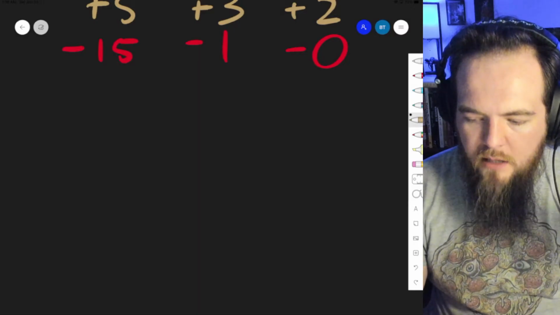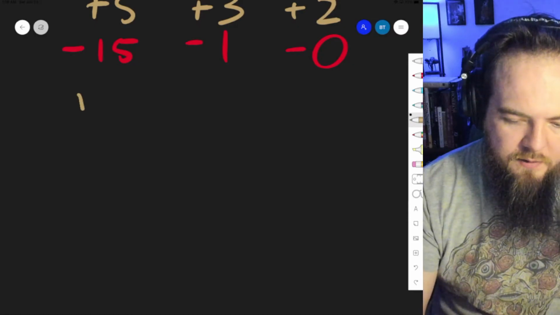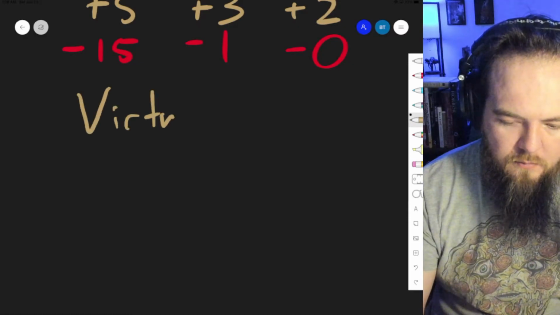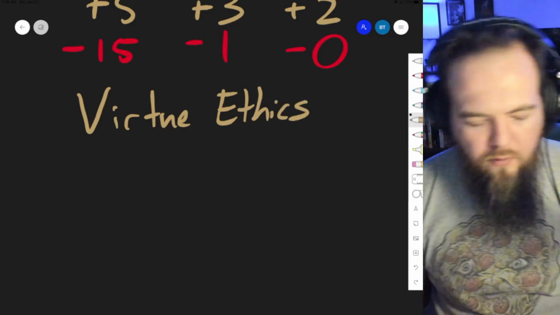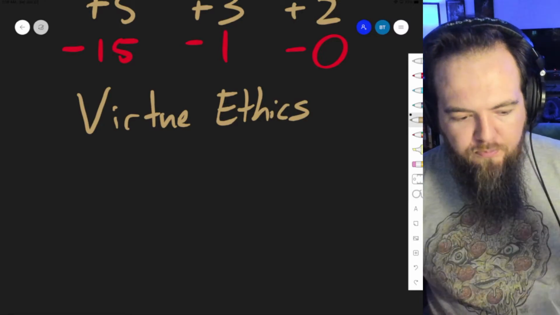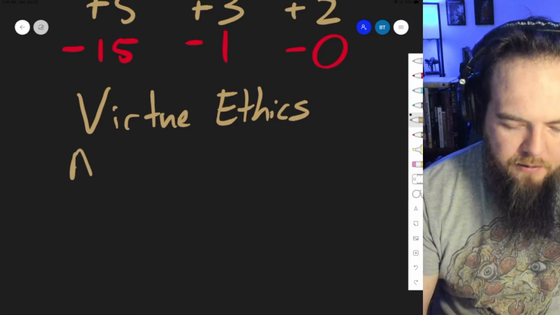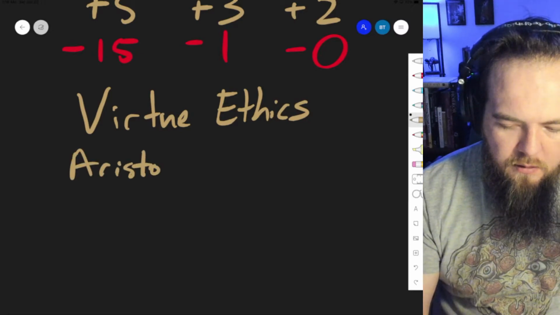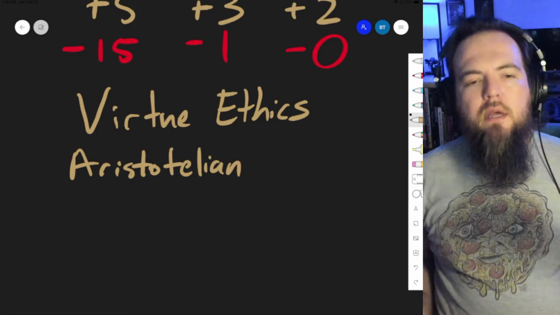Now, this is going to be in contrast to a third theory, and this is called virtue ethics. And there are lots of different varieties of virtue ethics. But I'm going to give you the one of the Aristotelian variety. Okay?